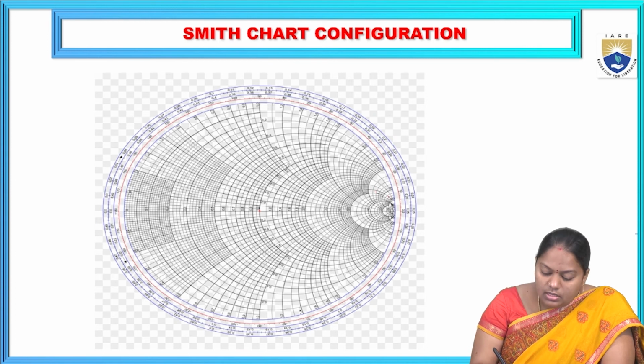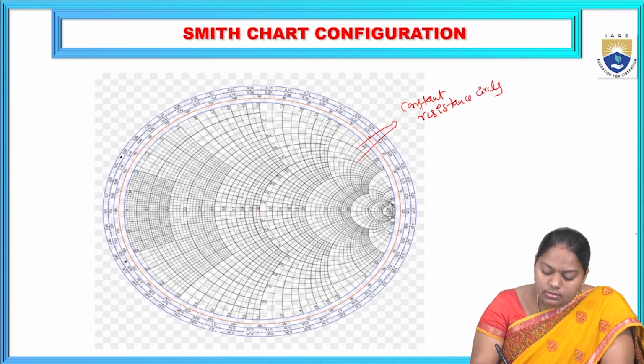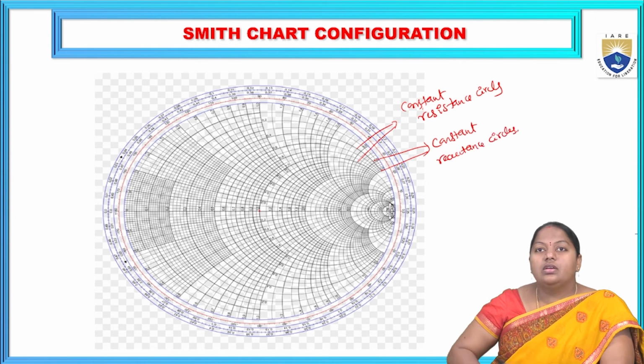Here all the circles represent constant resistance circles, and all the arcs are constant reactance circles.